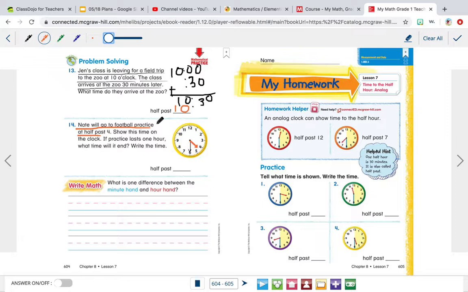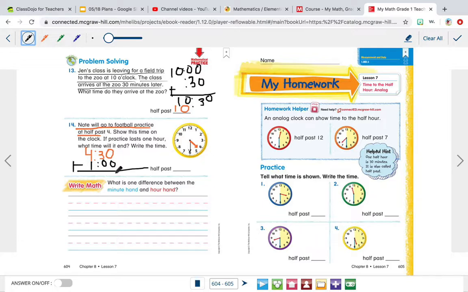And then it says, if practice lasts 1 hour, what time will it end? So if we have 4:30, the time is 4:30, and we're adding 1 hour. So 1 hour, 0 minutes. We're going to add and find out what time he left.